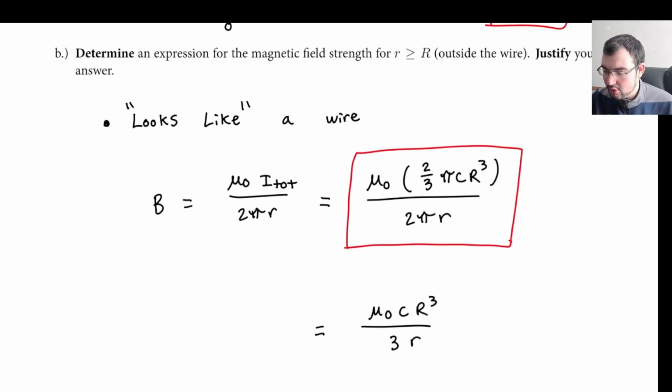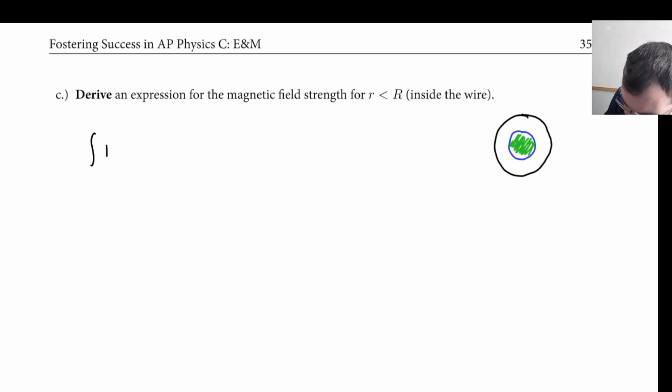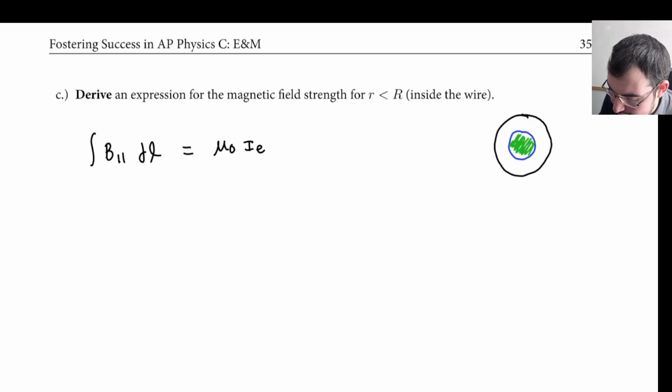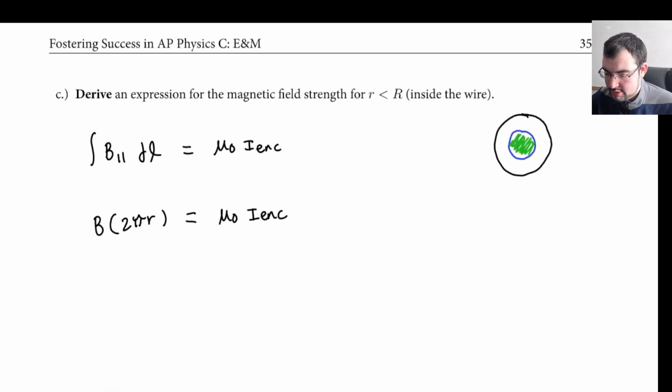And of course, it's not the whole thing this time. So we know that the integral of B parallel dl, which is that magnetic circulation, is equal to mu naught times I enclosed. It's circulating around a circle of radius r, so 2 pi r for a circumference term, and then we got to figure out I enclosed.